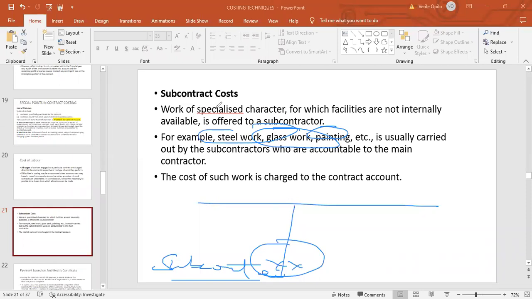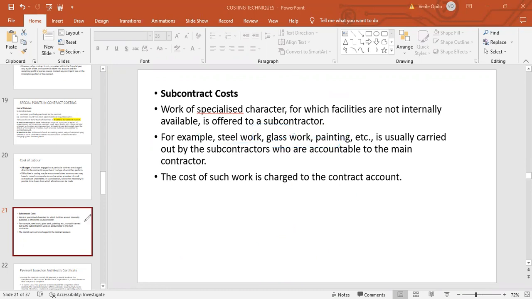So any work of a specialized character, for facilities which are not available internally, is offered to a subcontractor, and the amount paid to the subcontractor is again treated as an expense in the contract account. When you're preparing your contract account, you show this as an expense the business has incurred.